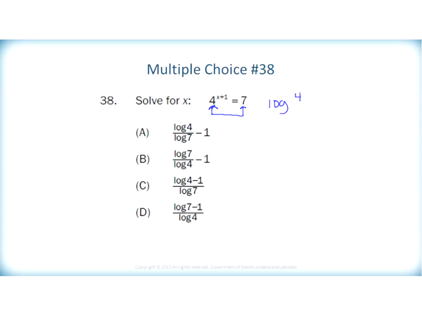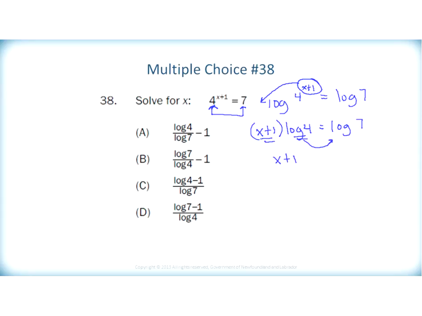Log of 4 to the power of x plus 1, the common log of both sides. And we're going to use the law of logs and bring the x plus 1 in front. That will give us x plus 1 times log 4 equals log 7. Since we're solving for x and it's being multiplied by log 4, I'm going to divide the other side by log 4.